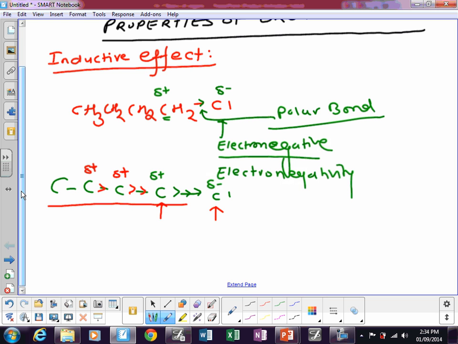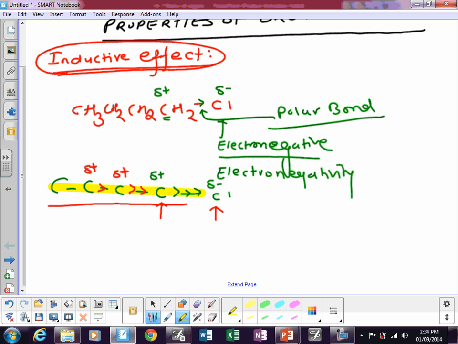This effect is known as inductive effect. Have you understood? The pulling of electron, spreading in the carbon chain, is known as inductive effect.